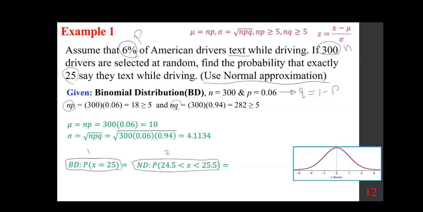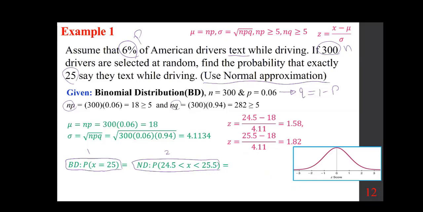That's why we have already calculated the value of mu as well as sigma. So z is x minus mu over sigma. We use this formula to get the z for 24.5 as well as 25.5.